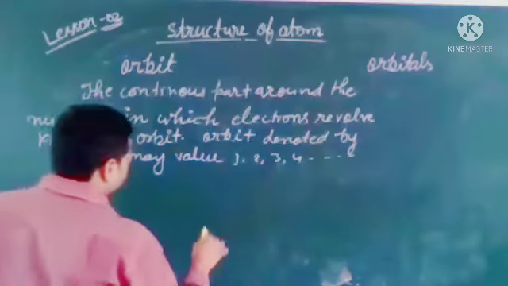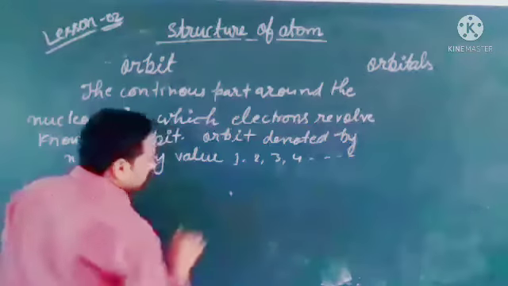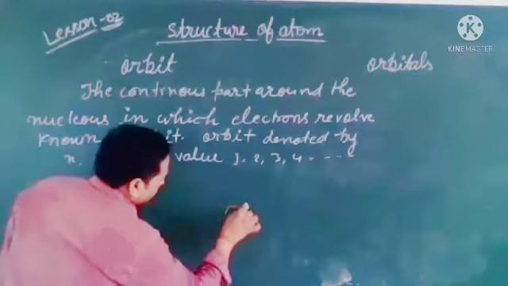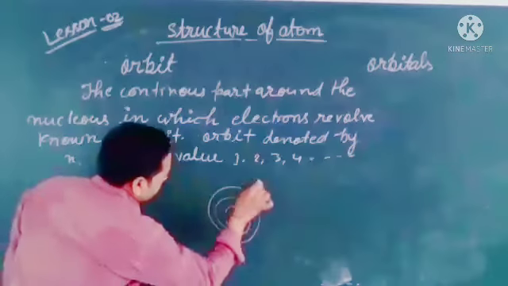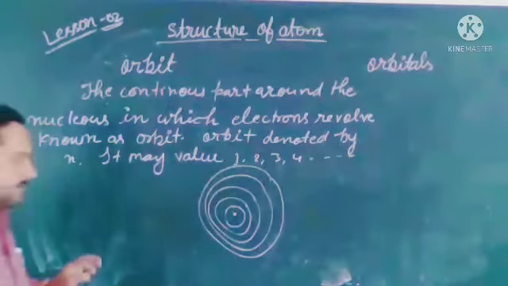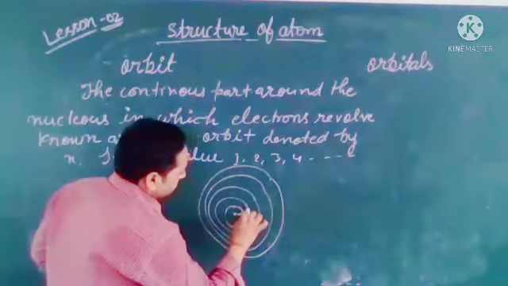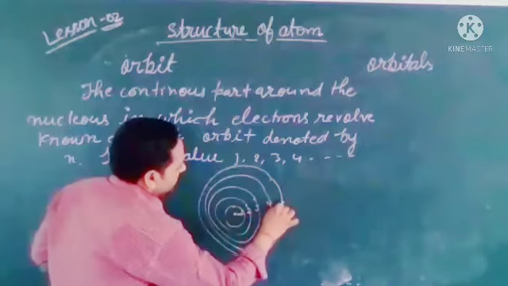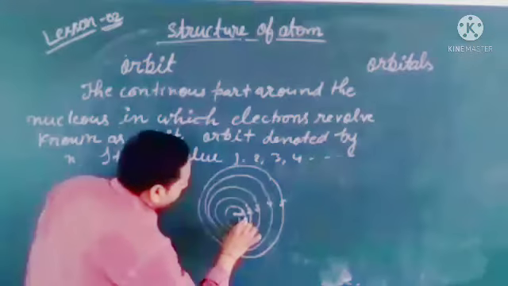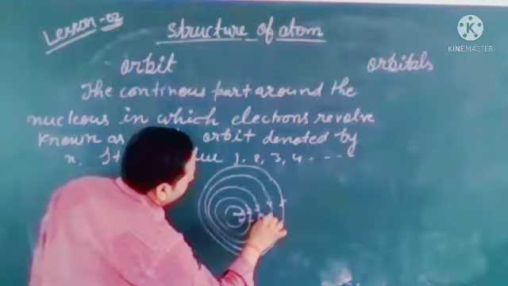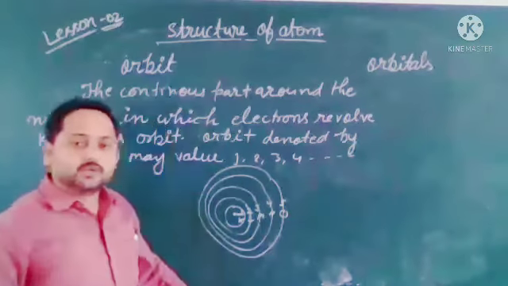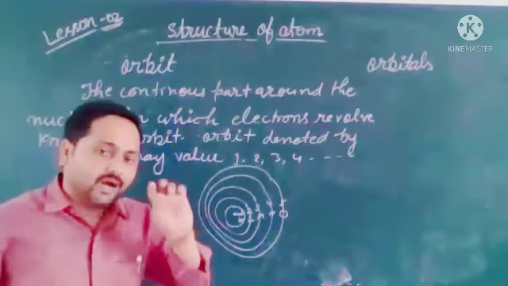This is the nucleus, and these are the orbits: first orbit, second, third, fourth. They are also denoted by K, L, M, N, and so on. So this is the definition of orbit.